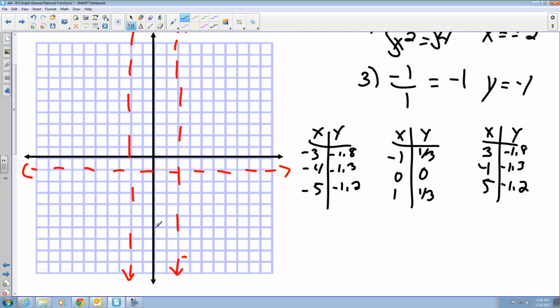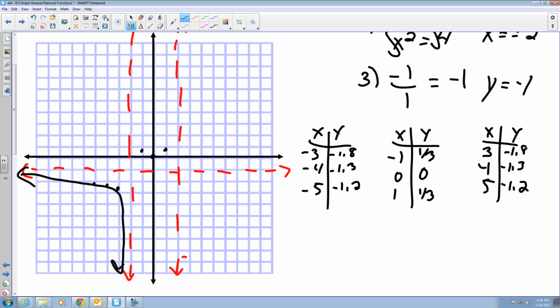So I go to negative 3, negative, well, it looks like right about there. Negative 4, I get something like about that. So it kind of looks something like this in here. The second tier of t-charts, I got 0, 0, and negative 1, 1/3.